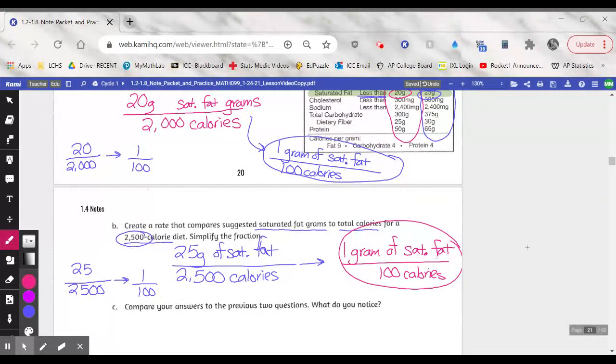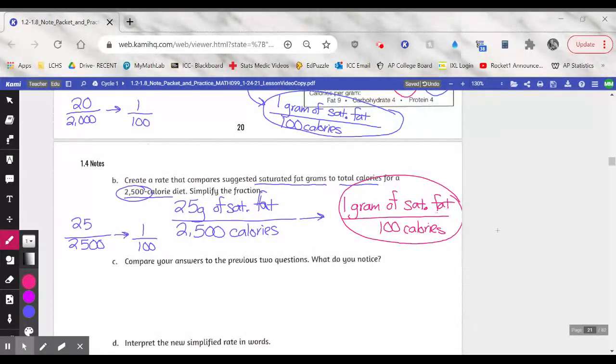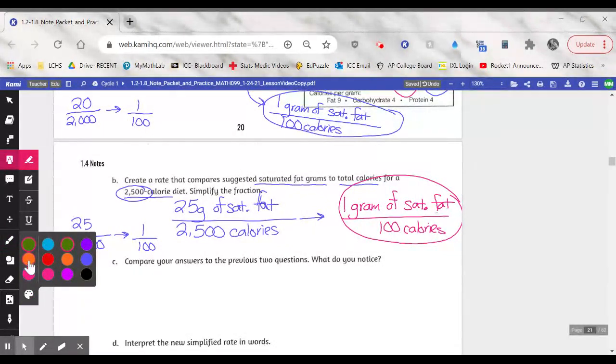So for part C, it asks us to compare your answers in the previous two questions. And what do we notice? If you look at your final answer for part A, it is 1 gram of saturated fat for every 100 calories. If you look at your answer for part B, it's the same exact answer.